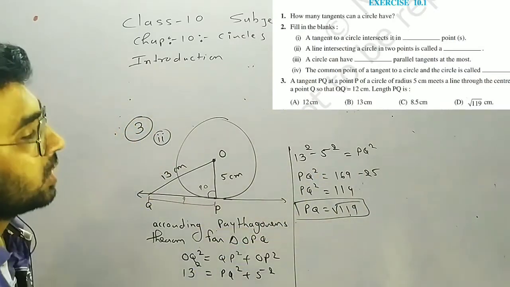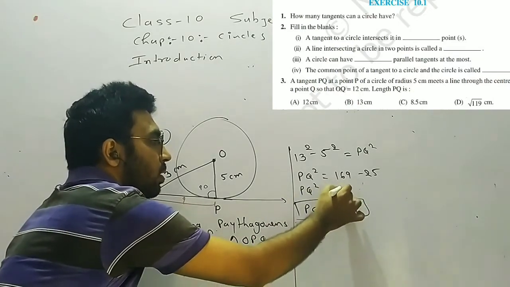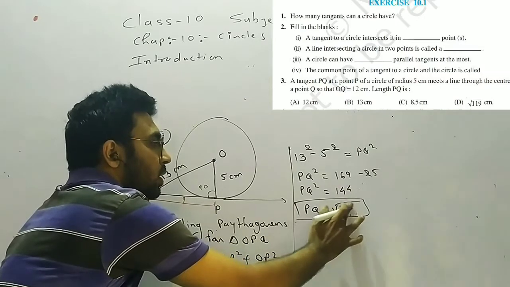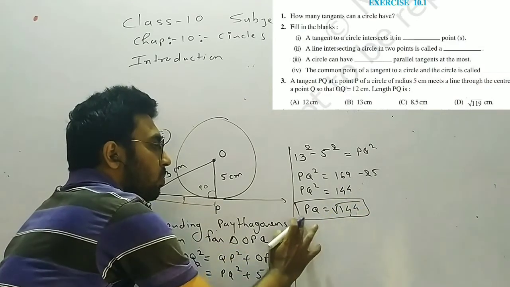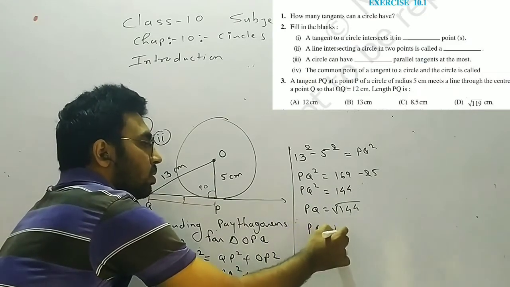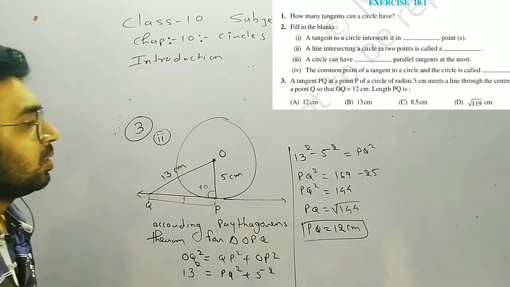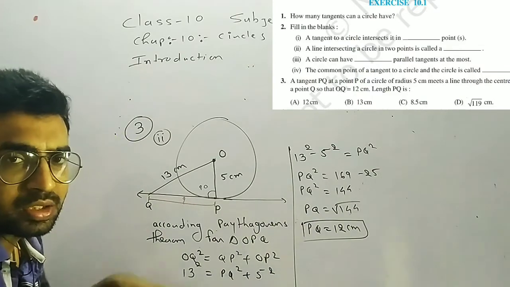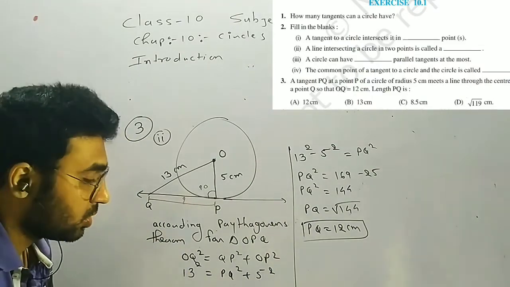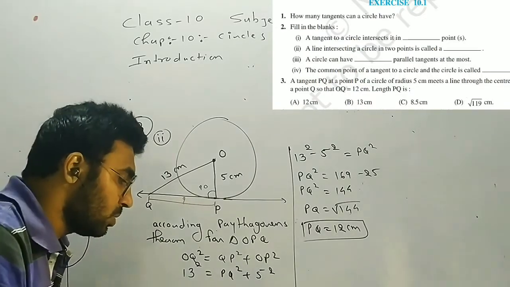Now subtract 169 minus 25. You get 144. So take the square root of 144, which is equal to 12 centimeters. So you can solve the other two questions in the same way. That is the homework for you.